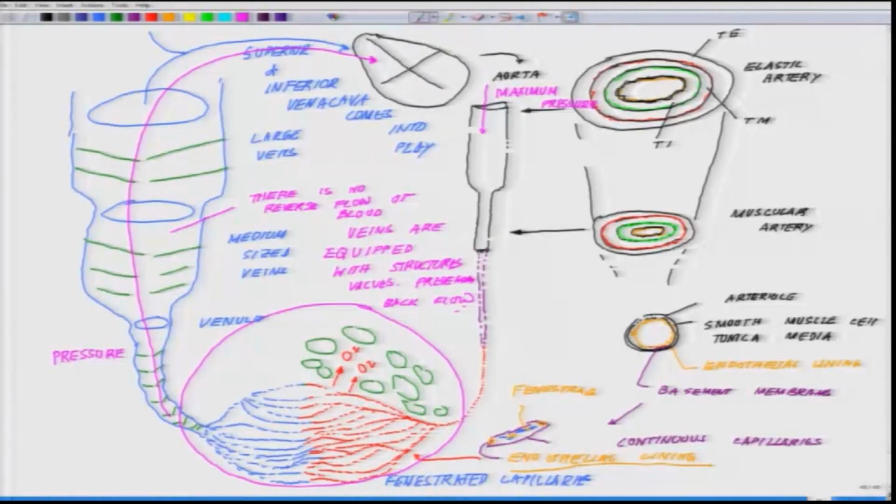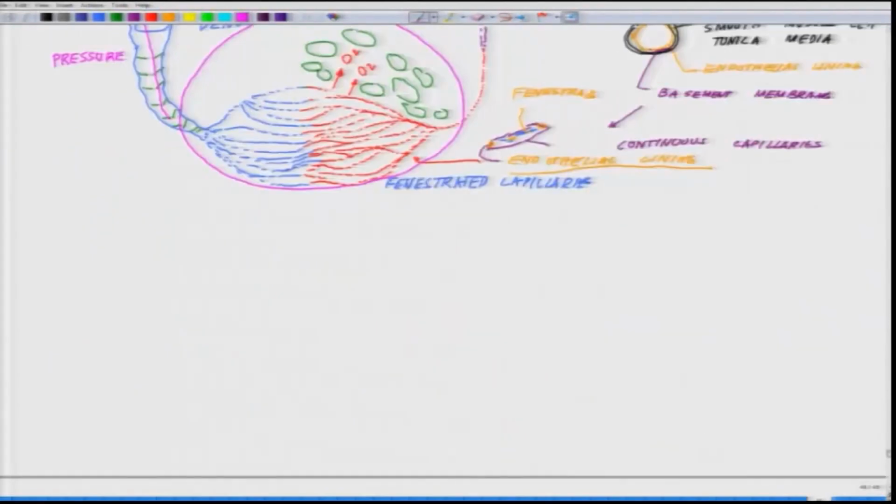And I'll take a little bit of a detour to give a little more detail about this fenestrated structure. These fenestrated structures are something like this. If you see the architecture very clearly, at this level where the fenestrations are, the vessel architecture is more like this. We have talked about the endothelial cells. Imagine this is the endothelial lining. This is the whole vessel.